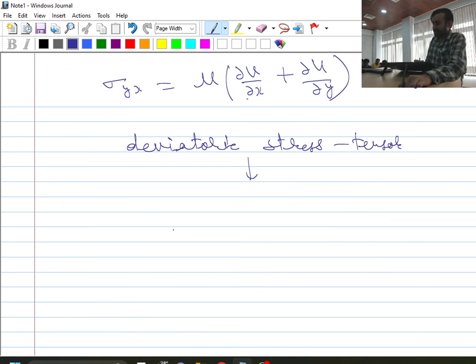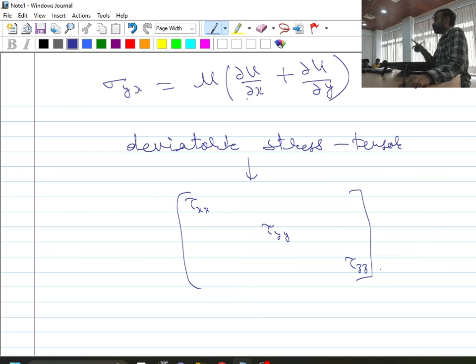Okay, so if I only write the stress tensor because of the viscous components, I will be having tau xx, tau yy and tau zz. So this is only because of the viscous components. And here I will be having tau yx, tau zx, tau xy and tau zy.